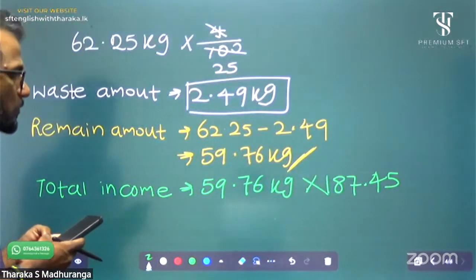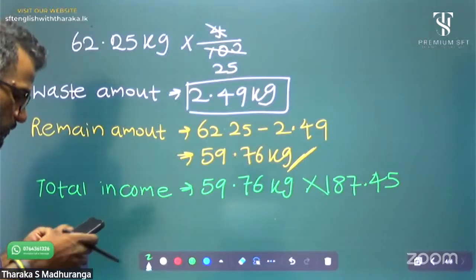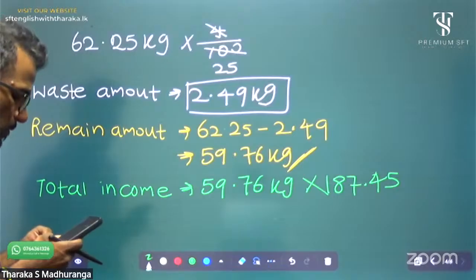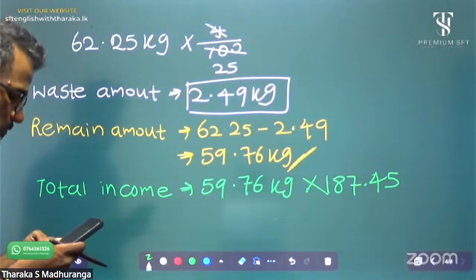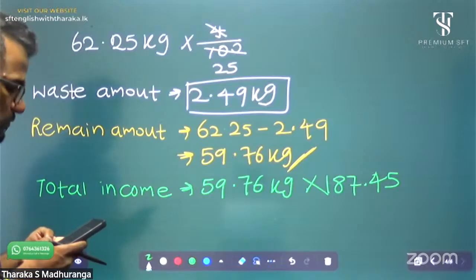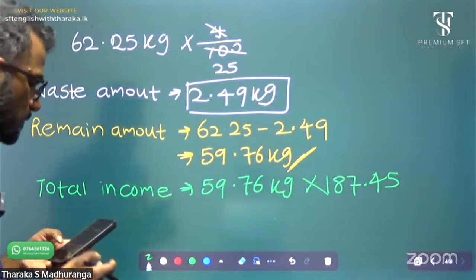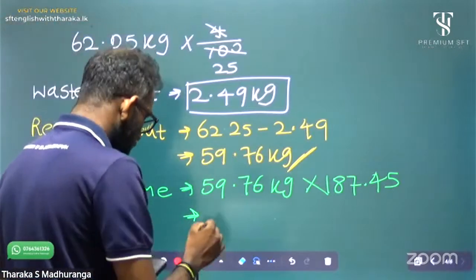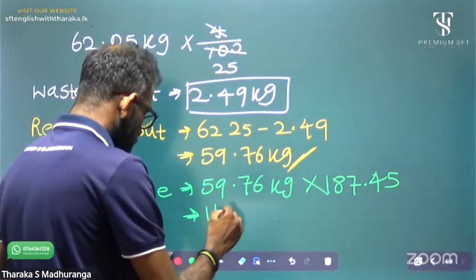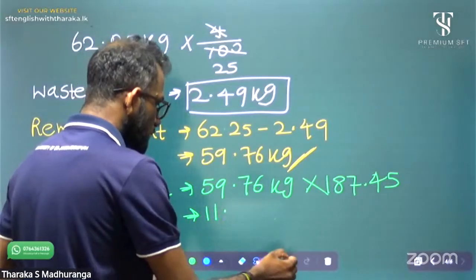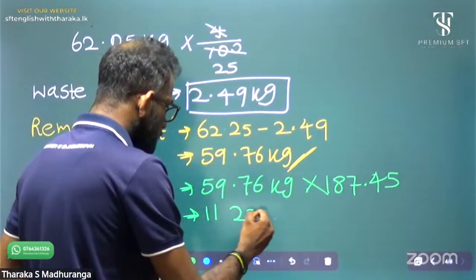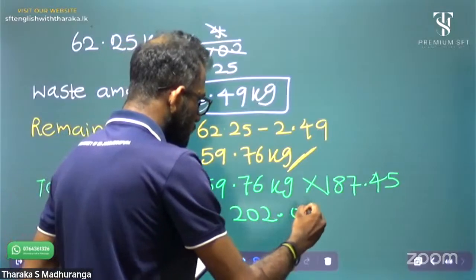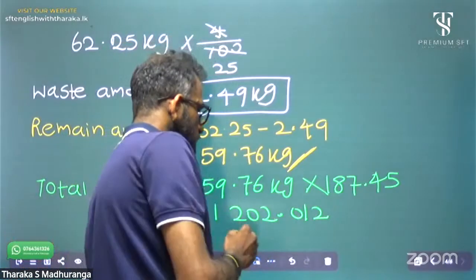You have to think now. Okay, what's the total income? 11,202.012 rupees.